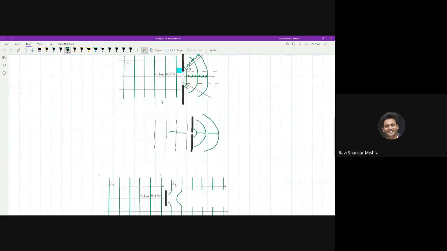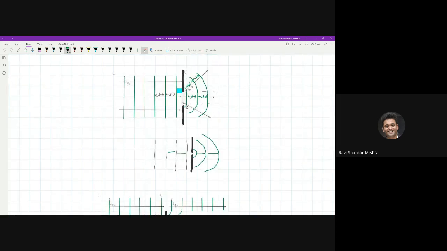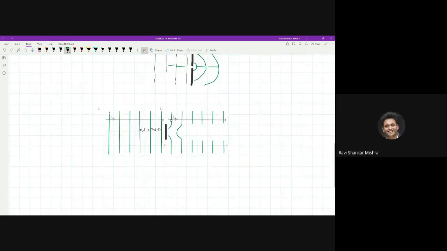As it was bending at the corner over here, that is diffraction. Till this point it was going straight; at the corner it got bent. Like that, here also at the corner it will get bent.